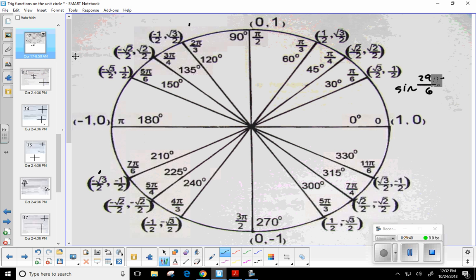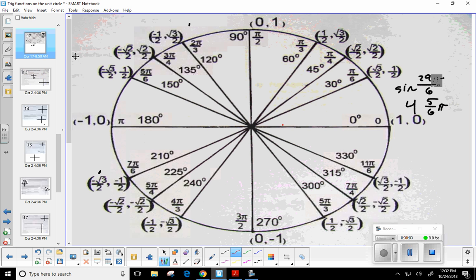So what is 29 pi over 6 as a mixed number? How many times will 6 divide into it? 4, right? So 4, and we have a remainder of 5. Okay. All right. So let's see where we're going to stop. I'm going to start here, always in standard position.